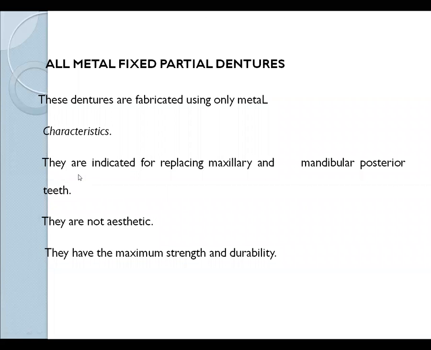Characteristics are they are indicated for replacing maxillary and mandibular posterior teeth. As this is metal, it cannot be used in the aesthetic zone. So here you can see they are indicated for replacing the maxillary and mandibular posterior teeth only. We can't place all metal fixed partial dentures in anterior teeth.